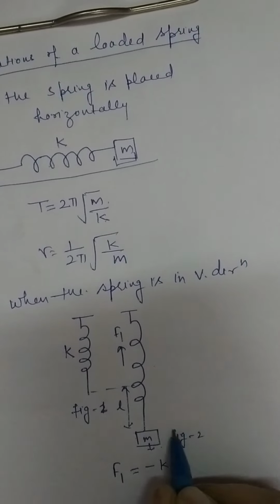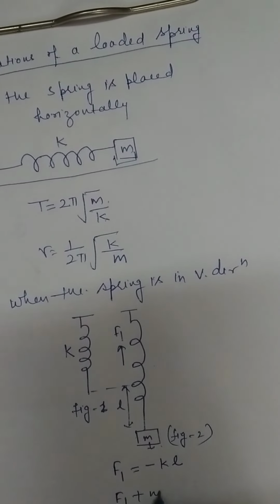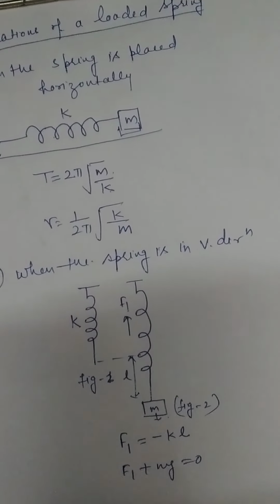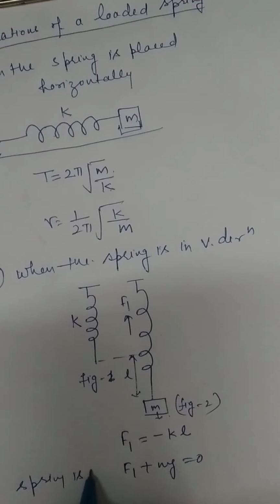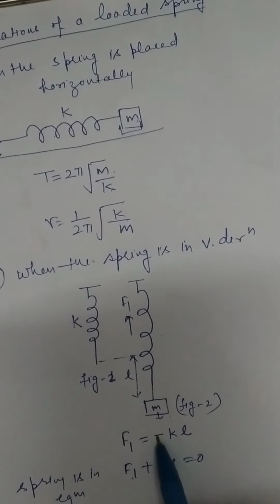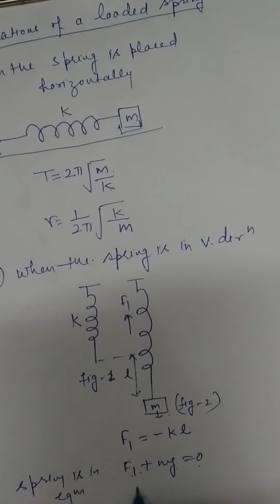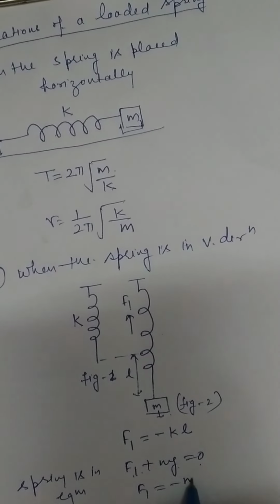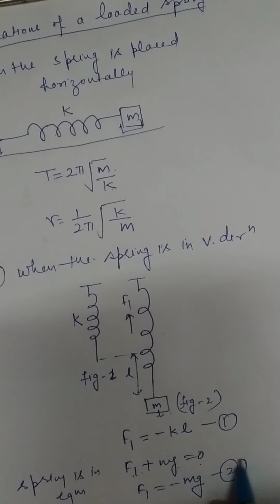F1 plus mg is equal to 0 because the spring is in equilibrium position. So the total upward force must be balanced by the total downward force. Therefore F1 equals minus of m into g. This is equation number 1 and this is equation number 2.